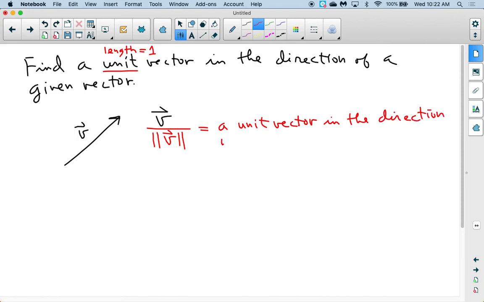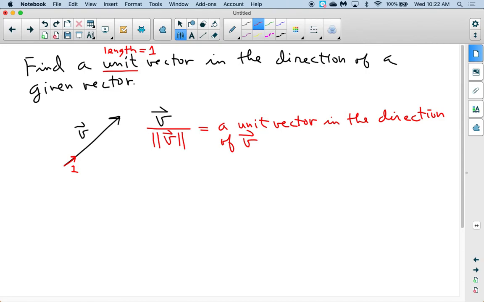Okay. So like I said, if v was 10, you divide it by 10, you'd end up with a unit vector down here, right? So this would be of length 1. That's the guy. That's what this guy would be.